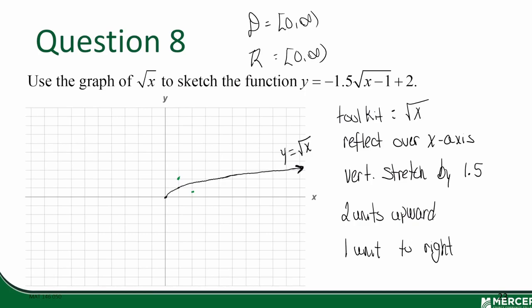Next perfect square is 4, which occurs when x is 5. 2, 3, 4, 5. It's 2 multiplied by negative 1.5. So it's 2 times 1.5, 3.